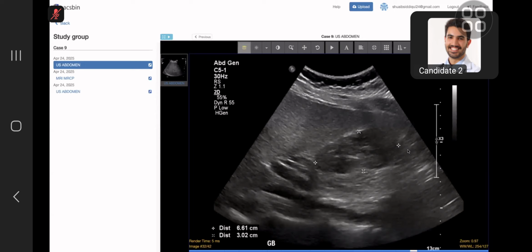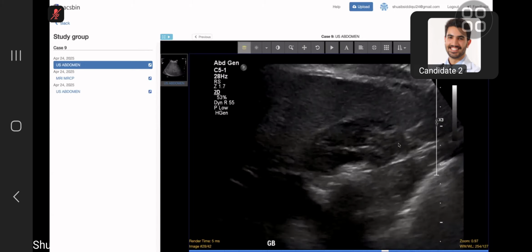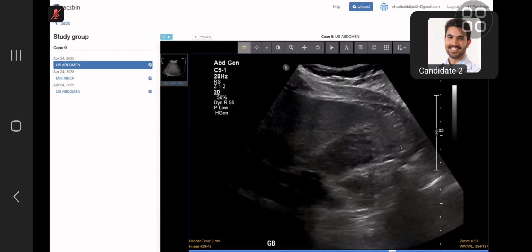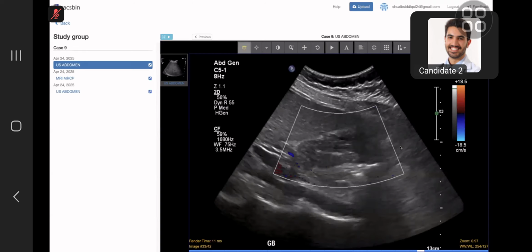It is not showing any evidence of internal vascularity, no calcifications, no surrounding inflammatory changes. No associated biliary dilatation. The common bile duct is normal, as well as the intrahepatic ducts. It measures about 6.6 by 3.3 centimeters.